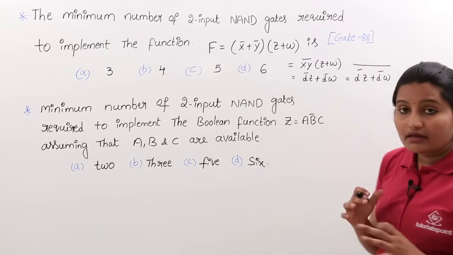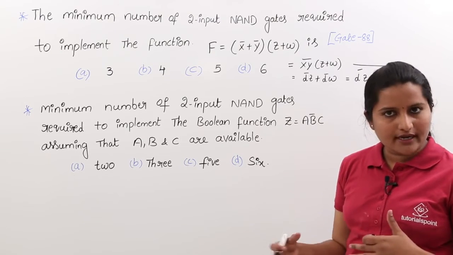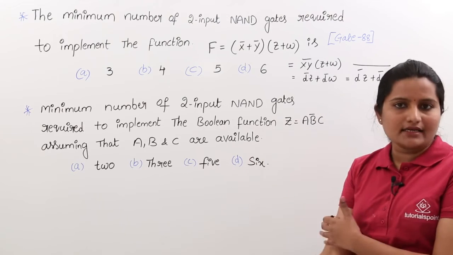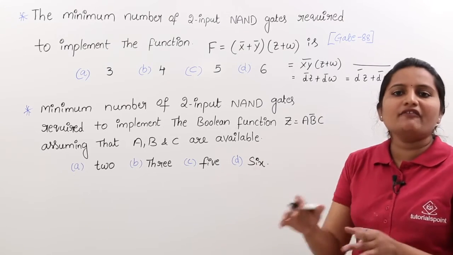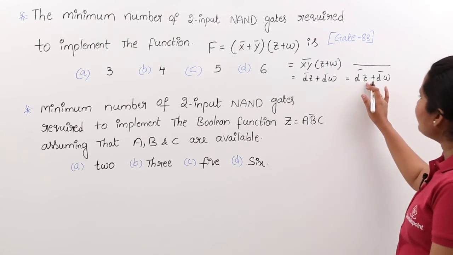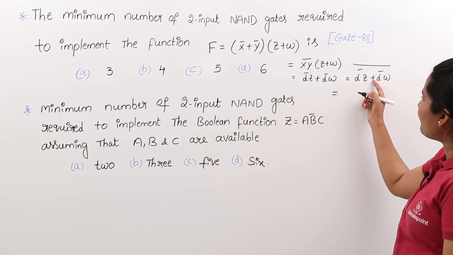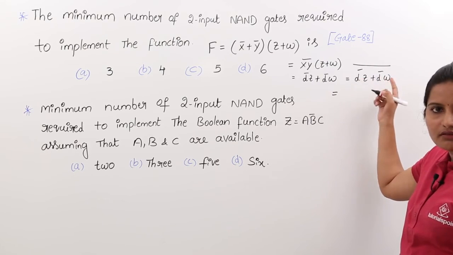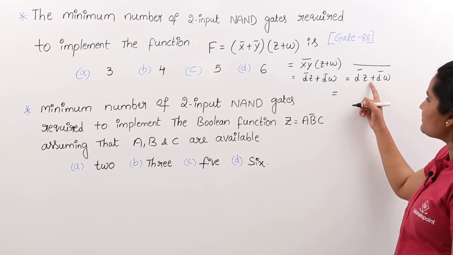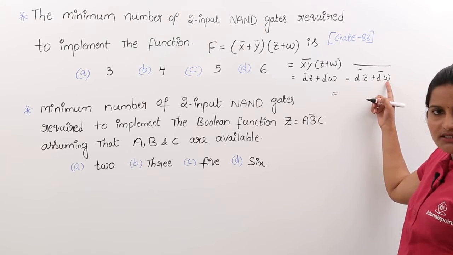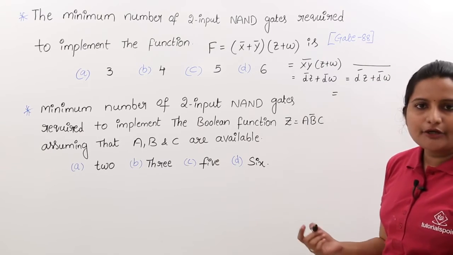Without those formulas, if you want to get how many 2 input NAND gates are required, this is the process: you need to take the complement of the function. Now I am again applying De Morgan's theorem. Consider this as one variable and this as another variable. (a + b) whole bar means a bar into b bar.